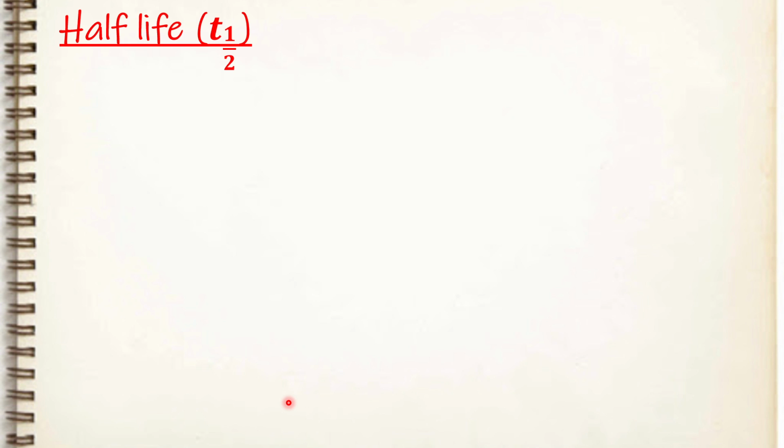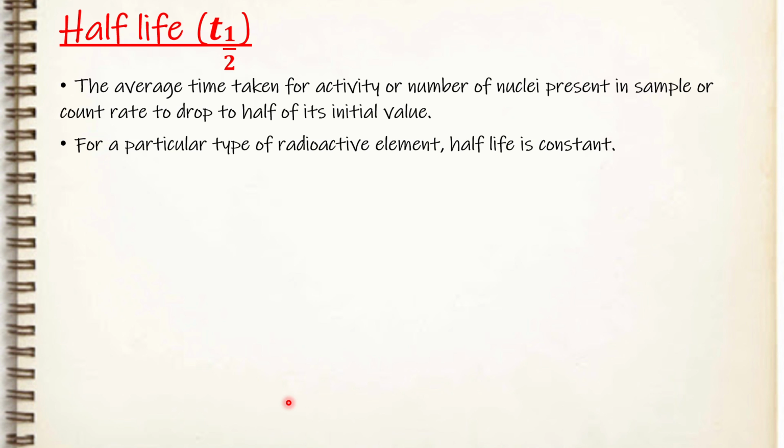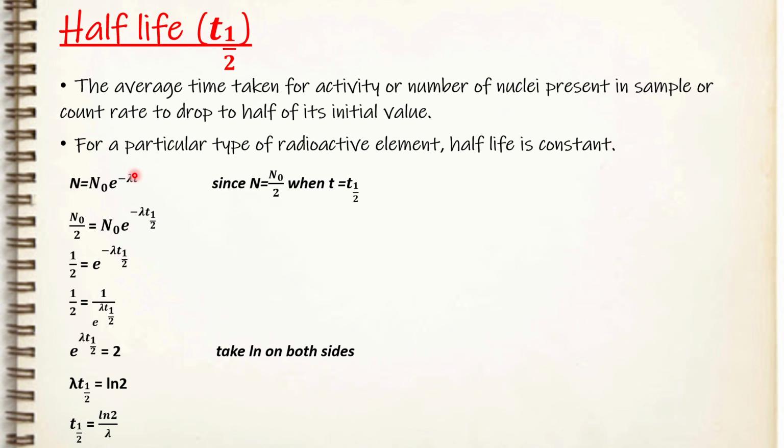Half-life. If you've done capacitors, it's a very similar definition. The average time taken for the activity, the number of nuclei present in the sample, or the count rate to drop to half of its initial value. And like lambda, the decay constant, half-life will be constant for a particular type of radioactive element. Now this is the derivation of the equation for half-life.